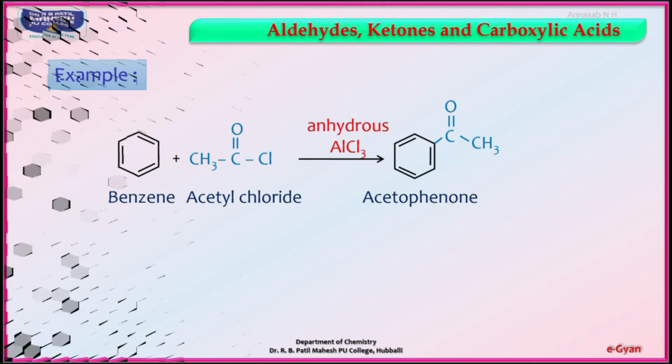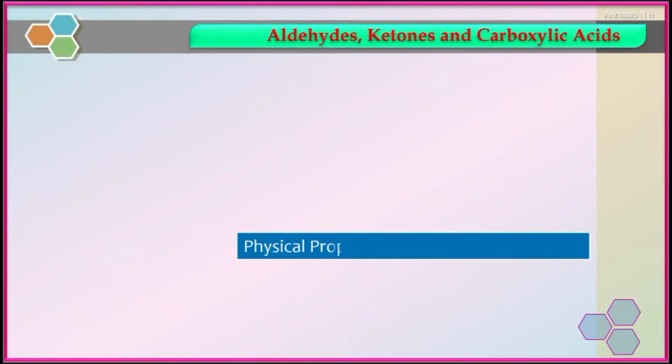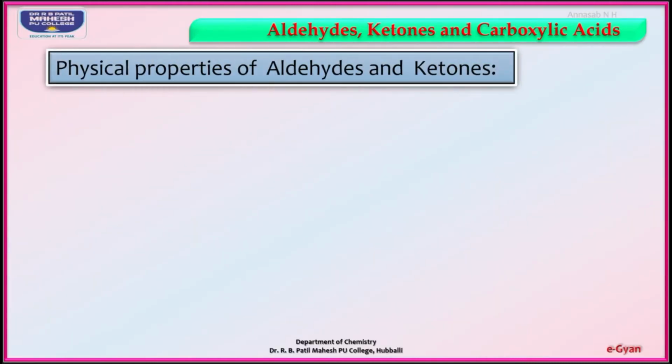Moving further, physical properties of aldehydes and ketones. Dear students, please remember, aldehydes are available in all three possible physical states, that is solids, liquids and gases, whereas ketones are usually available in two physical states, that is liquids and solids.